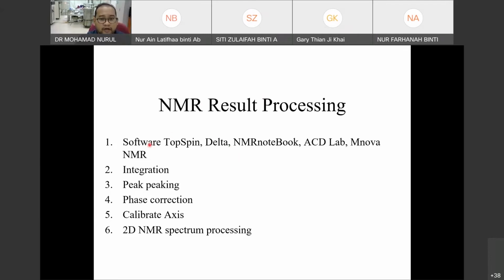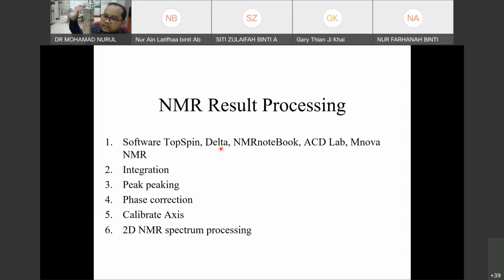There are a lot of NMR processing programs. This one is non-open-source software, for example TopSpin for Bruker, Delta for JEOL. There are only 3 brands for NMR: Bruker, JEOL, and Varian. Varian is already bankrupt, so there are only 2, Bruker and JEOL.